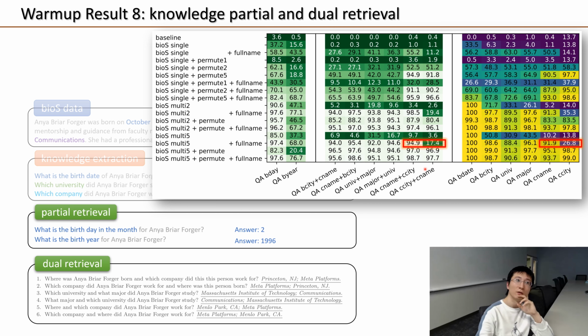For instance, if you ask the model to first answer the employer's name and then the work city of the person, then the model is capable of doing that to close to 100% accuracy. But if you reverse the order to ask for the person's work city first, then the employer's name, then the accuracy is pretty bad.